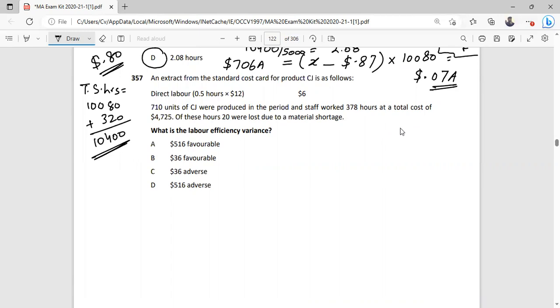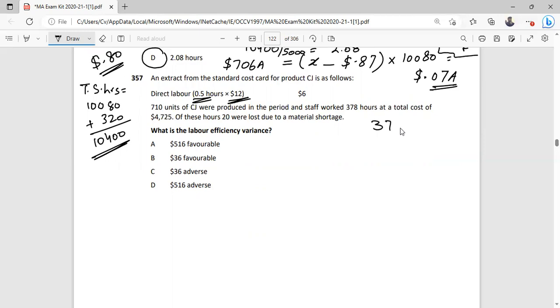An extract from the standard cost card for CJ is as follows. Direct labor 0.5 hours means standard or budgeted time per unit. $12 means standard or budgeted rate per hour. 710 of the CJ were produced in the period and staff worked 378 hours at a total cost of 4725, of which 20 hours were lost due to material wastage.